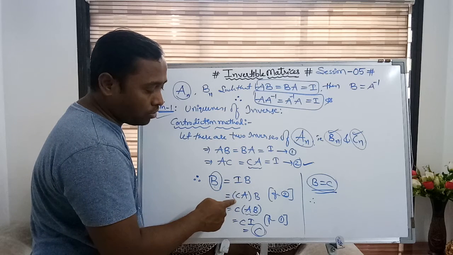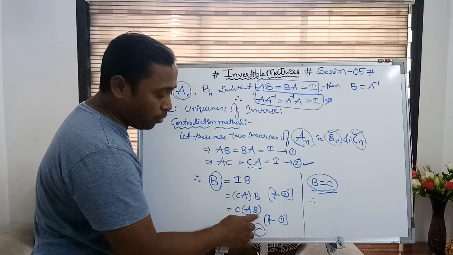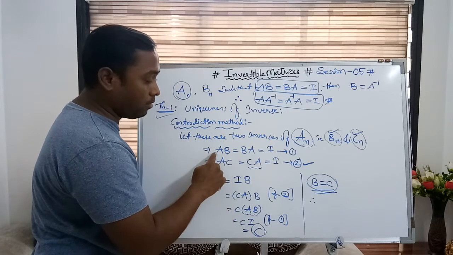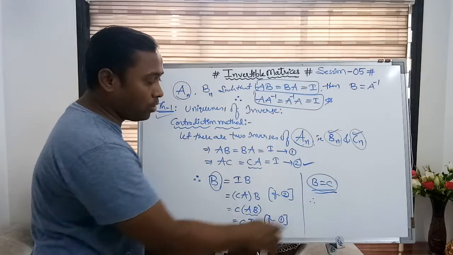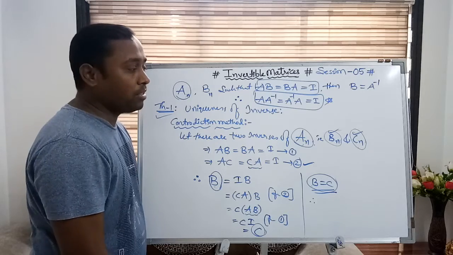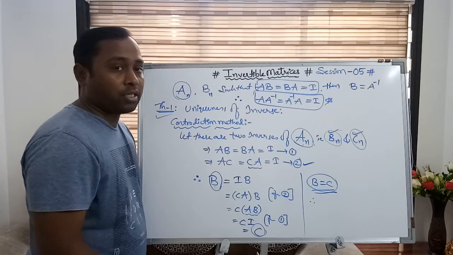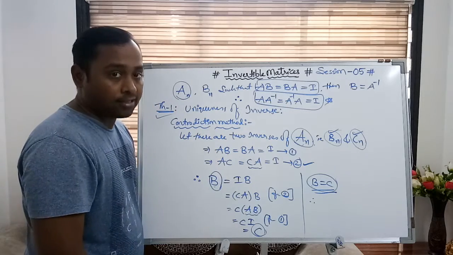By using the associative property, I was able to write C into AB. Then the product AB is equal to I, as the first equation says. Then C into I is always C. So B is equal to C. They are not distinct, they are the same, identical. It means that a square matrix possesses one and only one inverse if it exists.